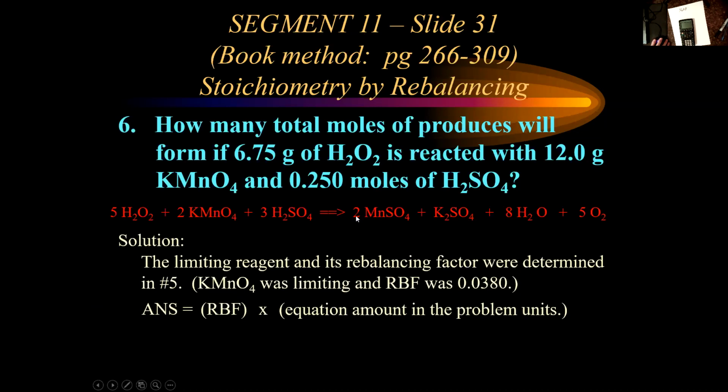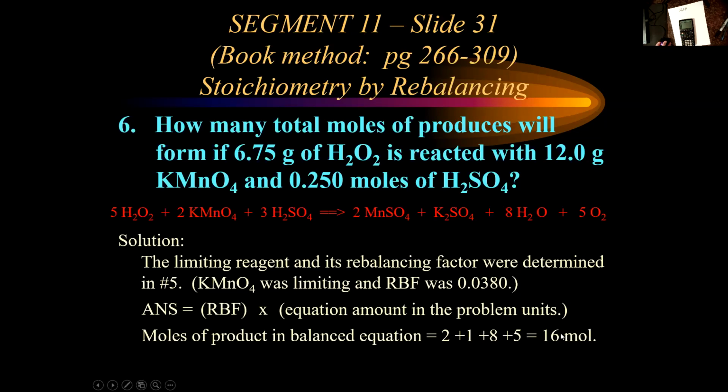Moles. 2 and 1 and 8 and 5, that's 16. So there's 16 moles shown in the balanced equation. What I'm going to get in my problem is the rebalancing factor times 16, 0.608. So the total number of moles, if you add all of those new coefficients up, will total 0.608. We got it all in one problem.